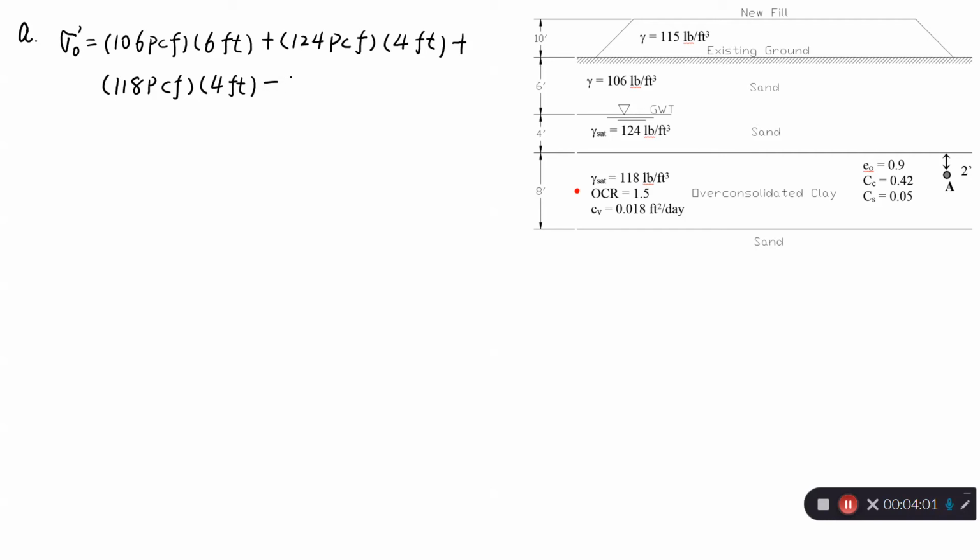So my water pressure is going to be 62.4 times the pressure head, that's 8 feet. Okay, and when I calculated, I got 1,105 PSF.